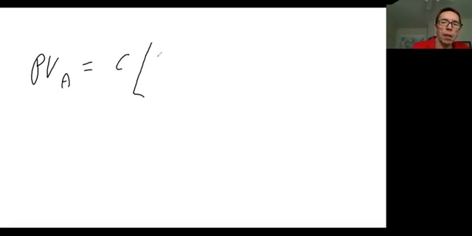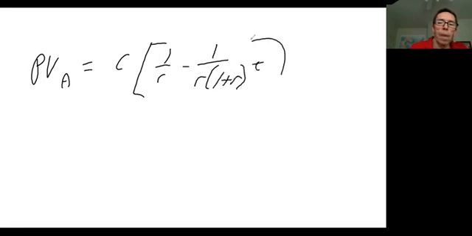So the present value of an annuity is going to be equal to the cash flow times 1 over R minus 1 over R times (1 plus R) to the T. And we're going to use this a lot in our course because annuities are very frequently used in finance. So the cash flow is how many dollars you're taking out.